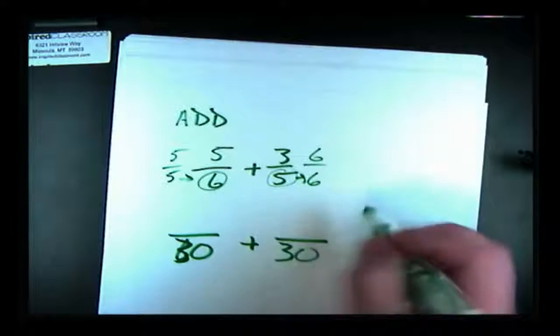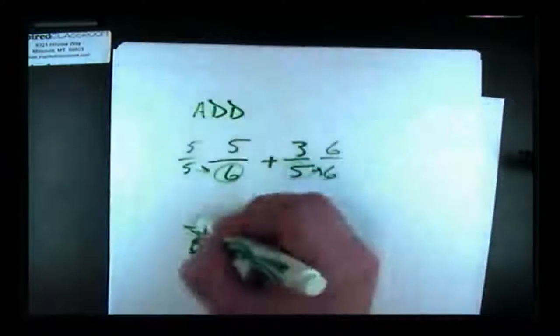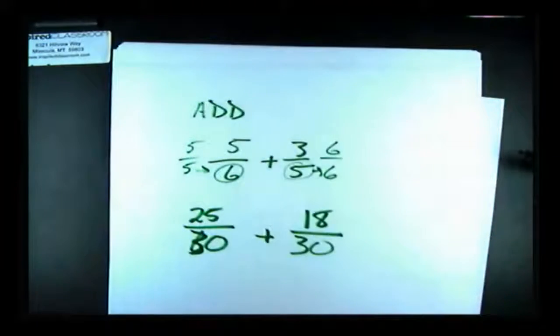And notice it's 5 times 6 on the bottom for both of these. 5 times 5 happens to be 25, last I checked. And 3 times 6 is 18. So I've turned 5/6 into 25/30.